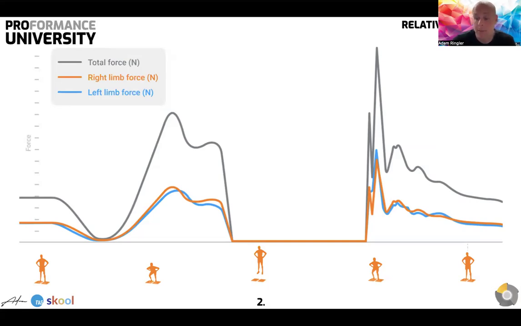You concentrically power up through triple extension through the hips, knees, and ankles. You leave the ground into the air, when the orange line is flatlined on the bottom of the plot, and then you land with a violent force reaction, and you go into your stabilization phase, right?